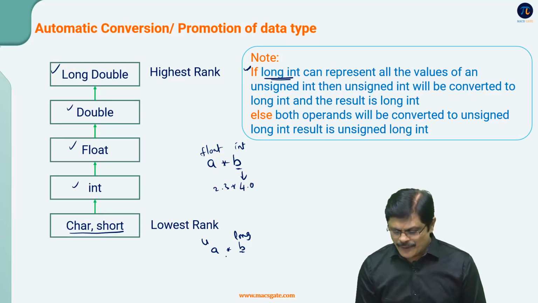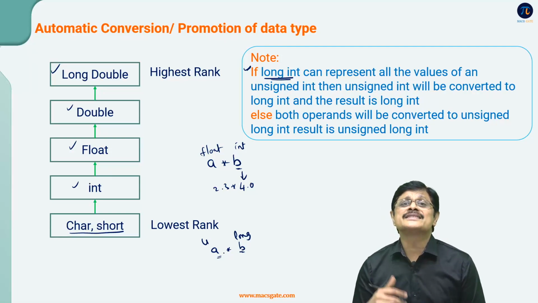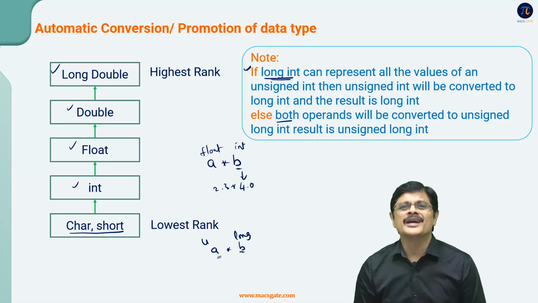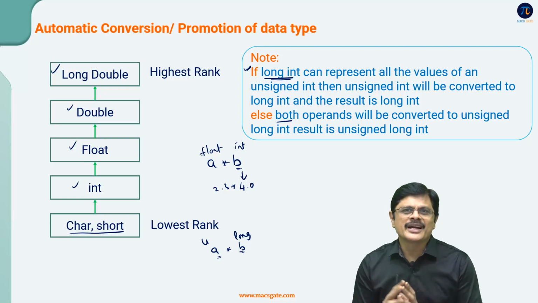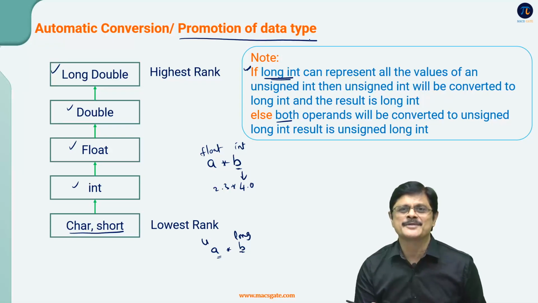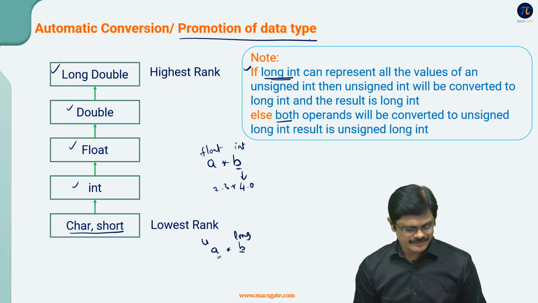Otherwise, both the long and the unsigned are converted to unsigned long and we perform the operation. So, that is how this automatic conversion happens, my dear friends. We call it automatic conversion or promotion of data types in the operation.